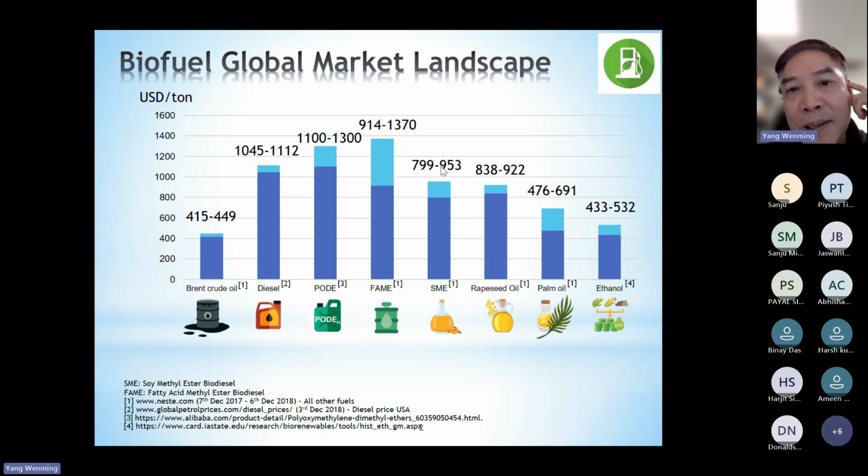And the SME, the price is 799 to 952. Rapeseed oil is about 800 to 900. And palm oil is cheaper, 476 to 691. Ethanol is even cheaper. So here we show you the market landscape and the price to produce various biofuels and alternative fuels.